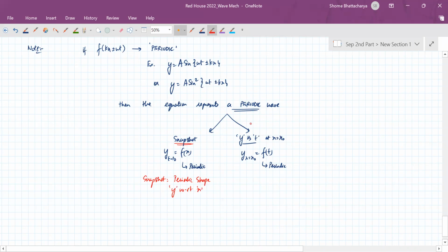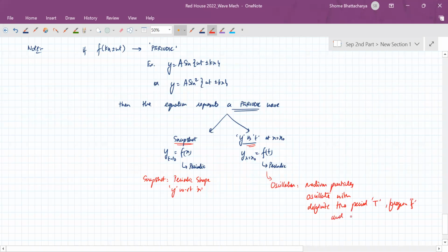And this thing means that this represents an oscillation. So that means medium particles oscillate with definite time period, frequency, and amplitude.